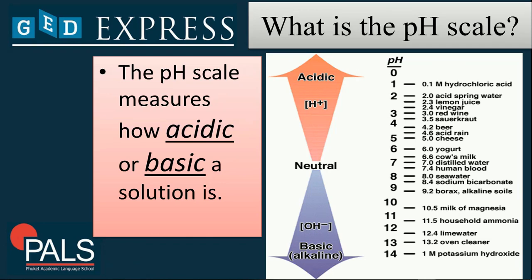However, 8 to 14 is known as basic. If it's acidic, the substituent would be a hydrogen ion, whereas if it's basic, it is because of the substituent OH, which is also an ion.